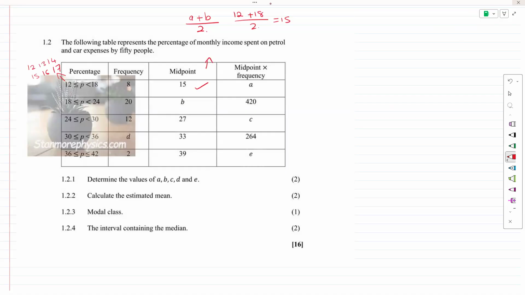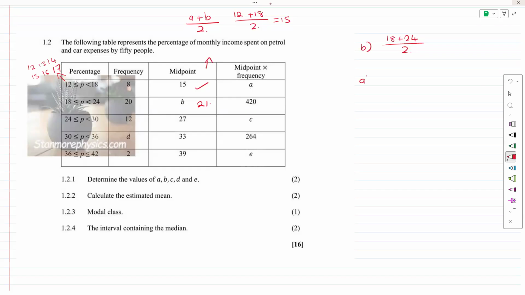Now, since we have to do A, B, and C, let's go and do B. To calculate B, all I have to do is take 18 plus 24 divided by 2. That finds the middle of these 2 points, which is 21. Now let's do midpoint times frequency.